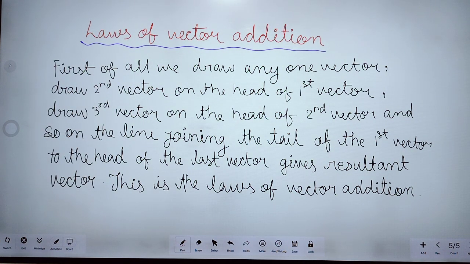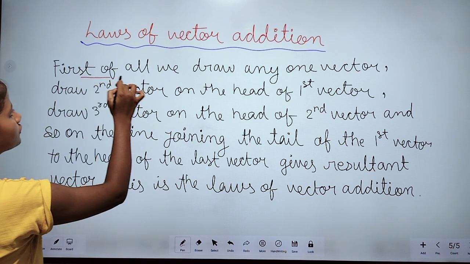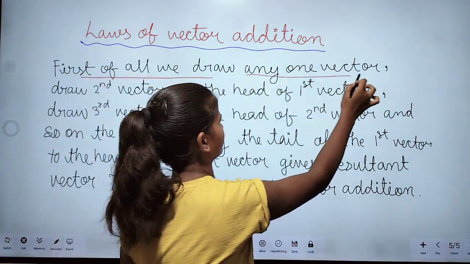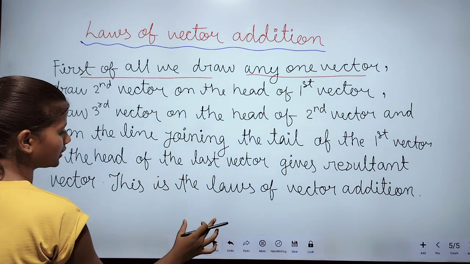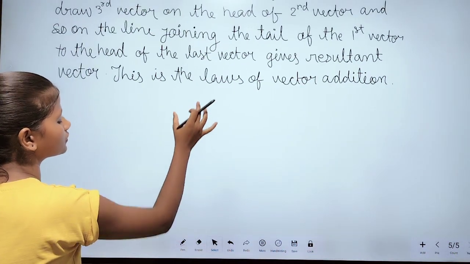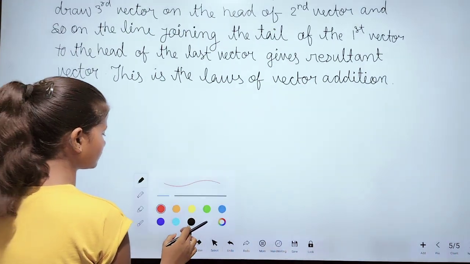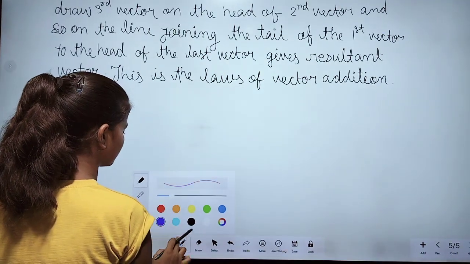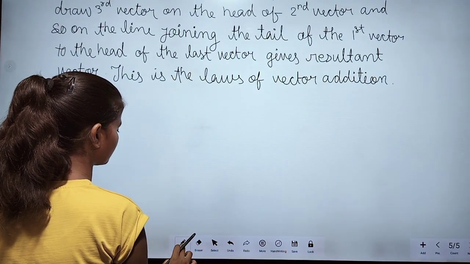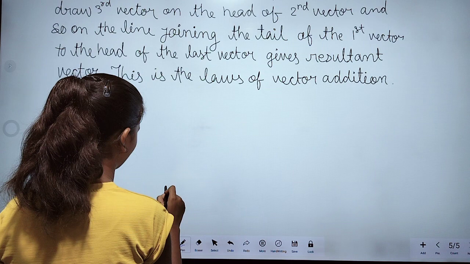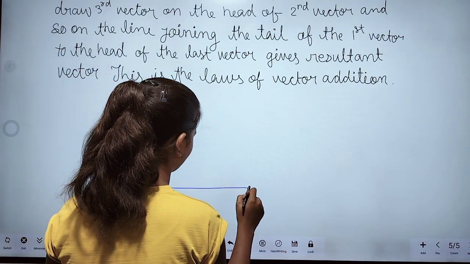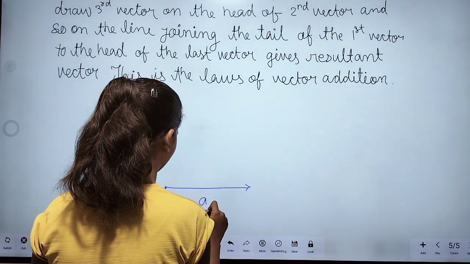First of all, we draw any one vector. Suppose this is a vector.